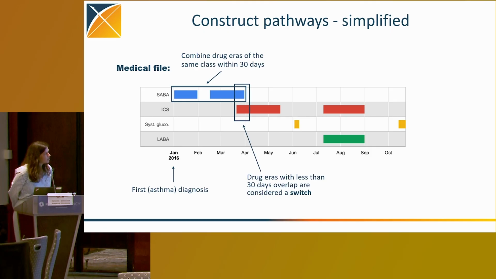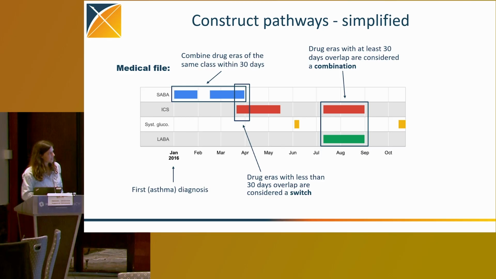However, when there was only a short overlap in the drug prescriptions, these were considered a switch. So here we say the person probably changed from SABA to ICS, but still has some prescription left of the first type of medication.